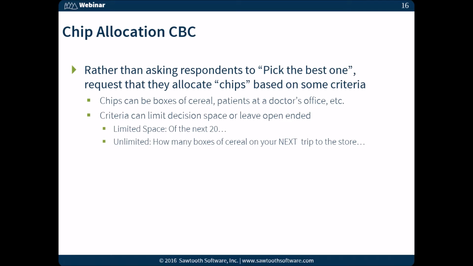And an unlimited space would be of your next trip to the store, how many different boxes of cereal you're going to buy. I have just my husband and I, so I might just buy 1 or 2 boxes of cereal. But Brian has a family of himself and 5 others, so he might buy a couple more boxes of cereal than I would. So we would have different decision spaces.